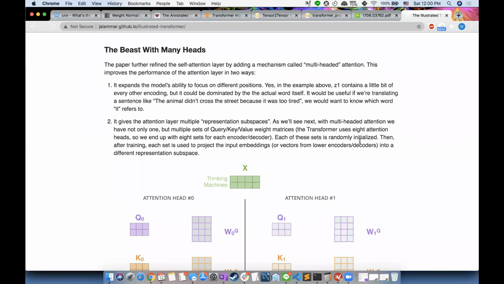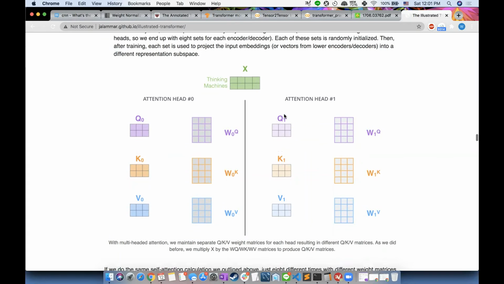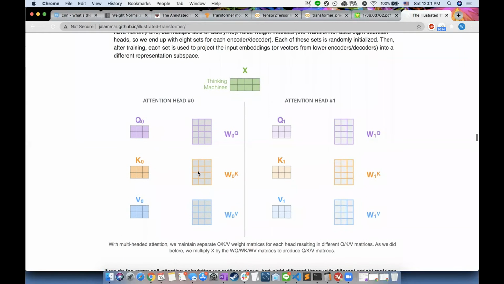So I guess these weight matrices are randomly initialized. I was just assuming, but it actually says right here. Then after training, each set is used to project input embeddings into a different representation subspace. So these are initialized randomly, and you just multiply by them, right? Again, we're just doing matrix multiplications, but instead of doing it 1 time, we're doing it 8 times.